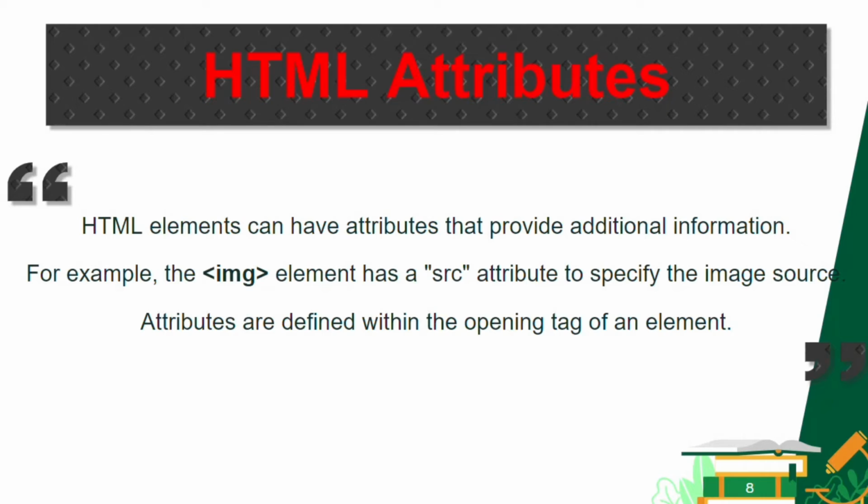This attribute specifies the image source. Attributes are defined within the opening tag of an element. So there are many attributes in HTML. We'll learn them in the next classes. So in this video, I'm just gonna introduce you to the basic fundamentals.